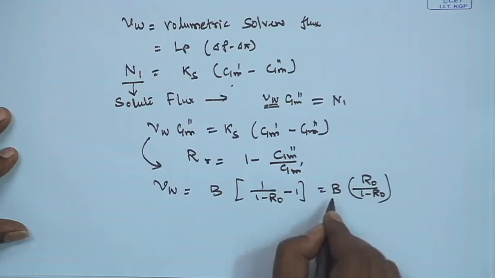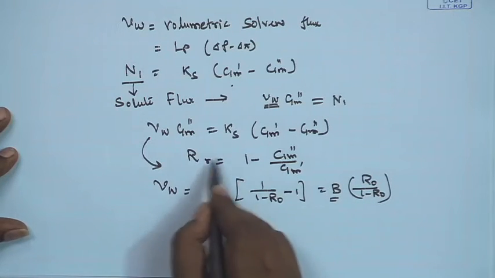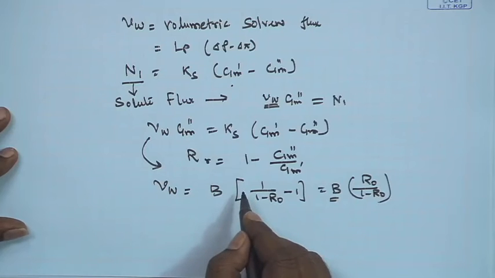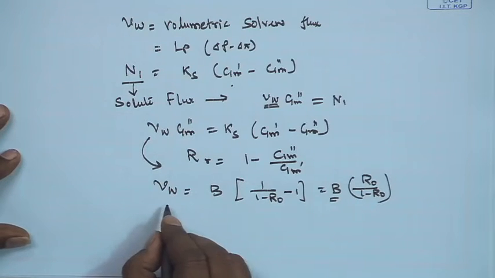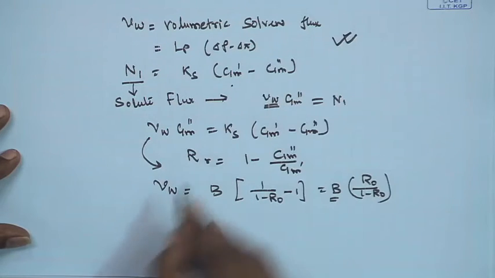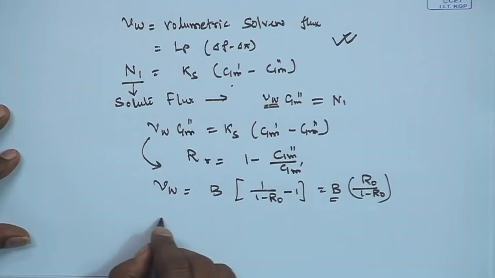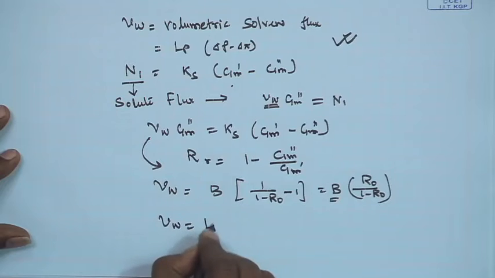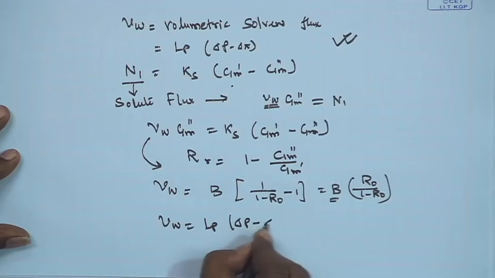B is again some kind of constant that will be obtained from here. Also, you know the solvent flux, it will be obtained from this equation. So, therefore, you can write V w is equal to L p (del p minus del pi).